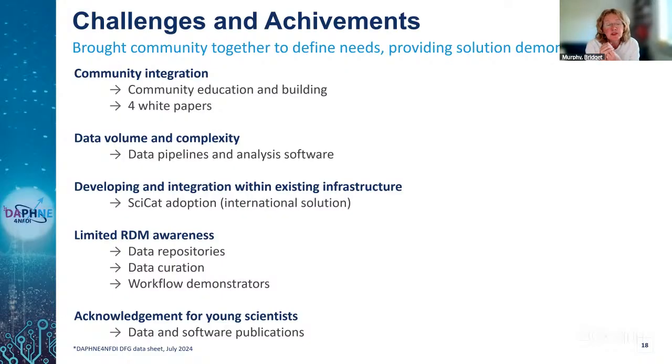When you're considering the data volume and complexity, we've been developing with our communities data pipelines and analysis software for dealing with the data pipelines and setting standards for these, and developing an integration within existing infrastructure for, in particular, the SciCat adoption, which is really a very, very powerful way for using metadata, and is also an international solution.